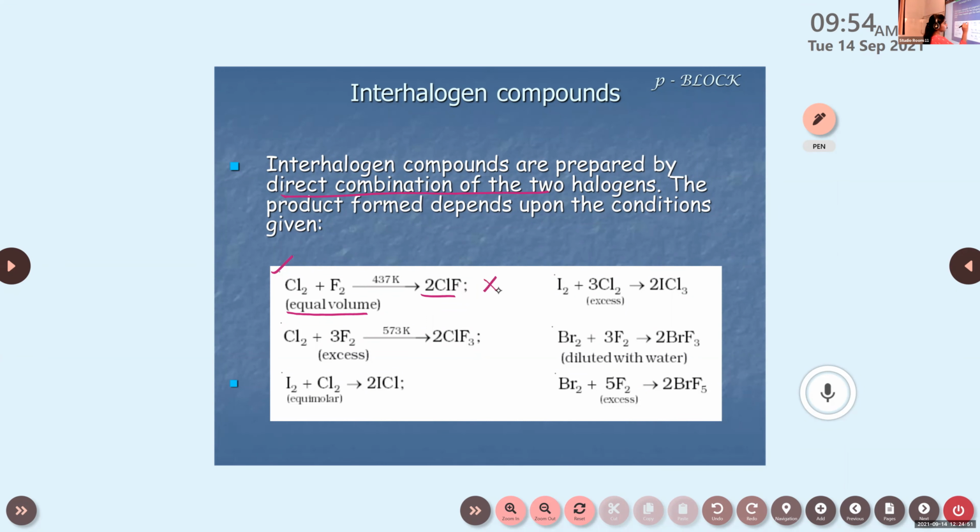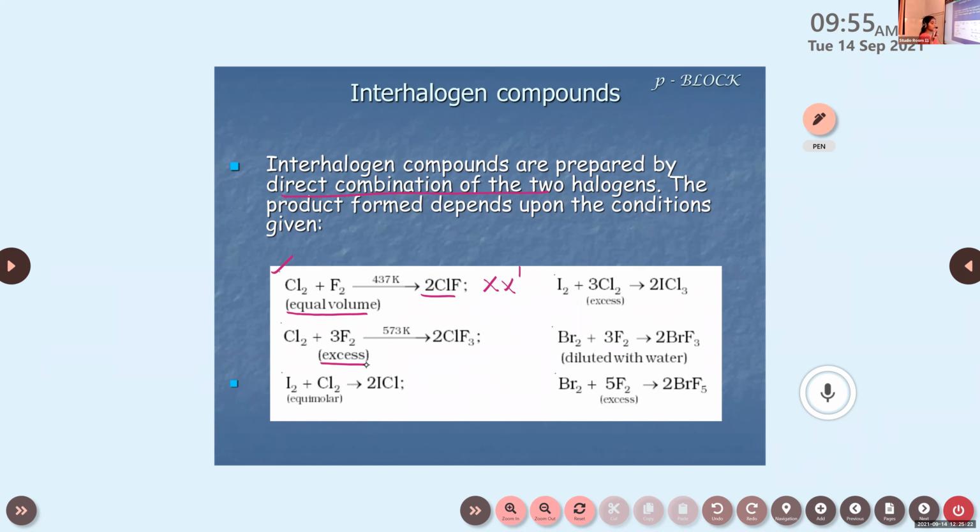That's in the general formula XX'. Clear, children? If equal volumes of chlorine and fluorine combine at 437 Kelvin, then ClF, chlorine fluoride, is formed. The next example has the same atoms, chlorine and fluorine, but here fluorine is in excess.